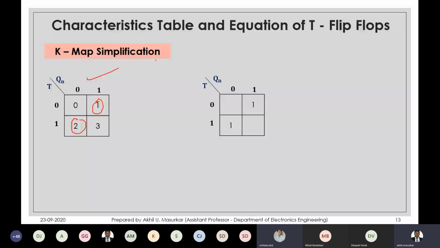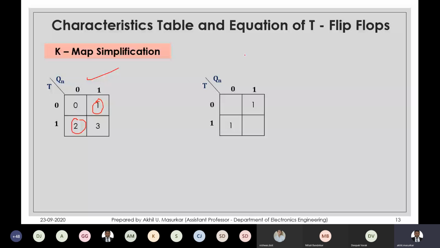Don't write everything what I have written because I am writing with respect to explanation. You write it with respect to your understanding. So just write the second K map. All of you, not just Vishwas, should write only the second K map, not the first one. First one is for me to scribble something on.